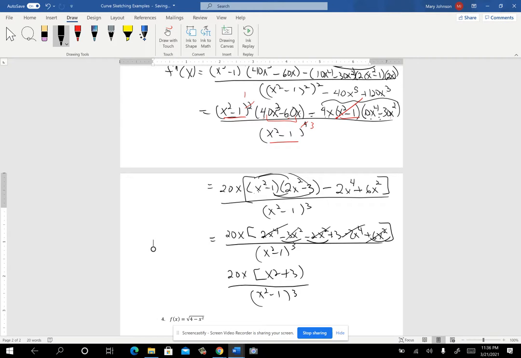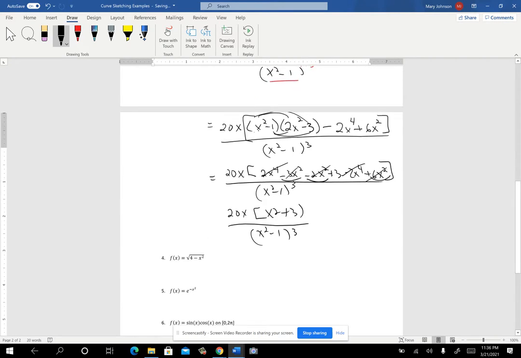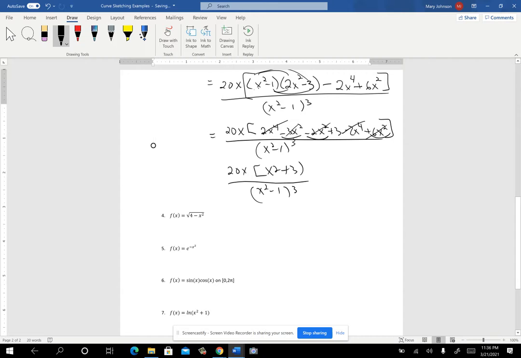All right, so let's go ahead and take a look at number 4. Okay. So here, you might want to remember that that's 4 minus x squared to the 1/2 power. When I do f prime, that's going to be 1/2 times 4 minus x squared to the negative 1/2 times negative 2x.